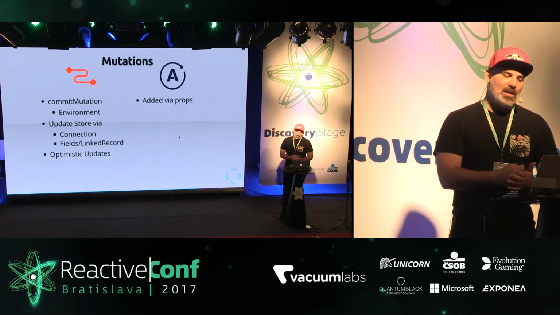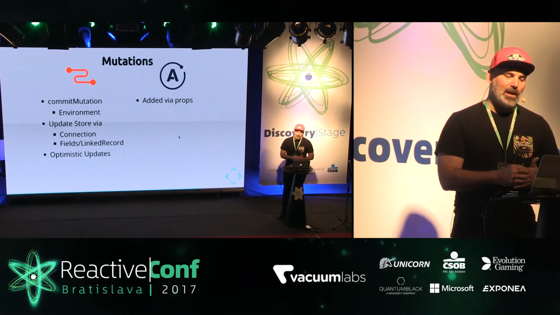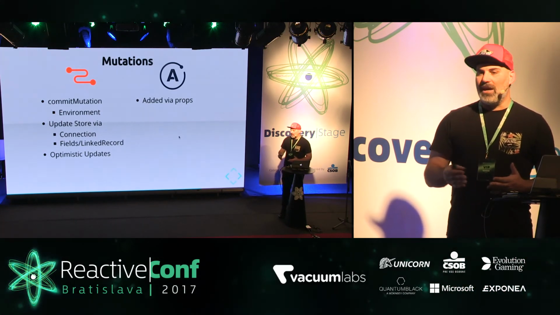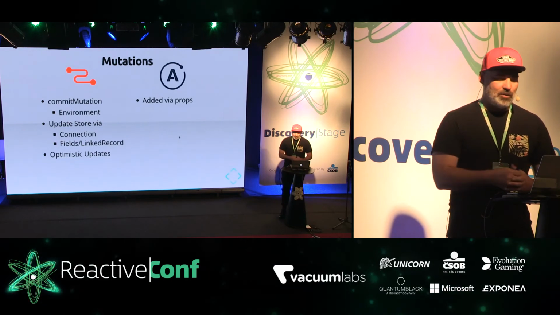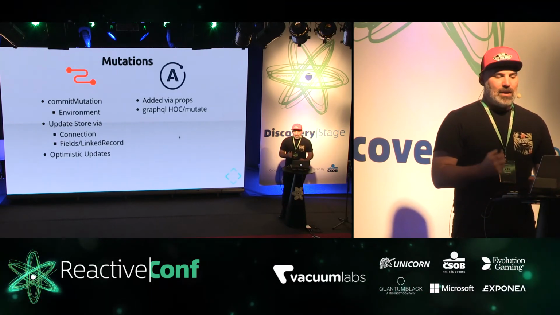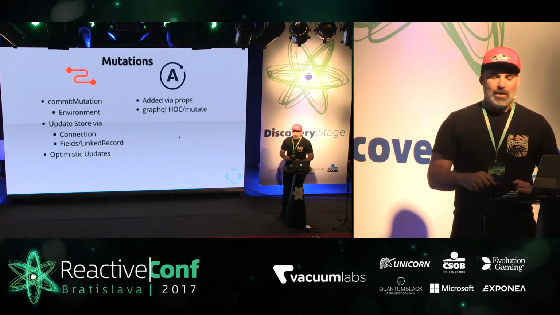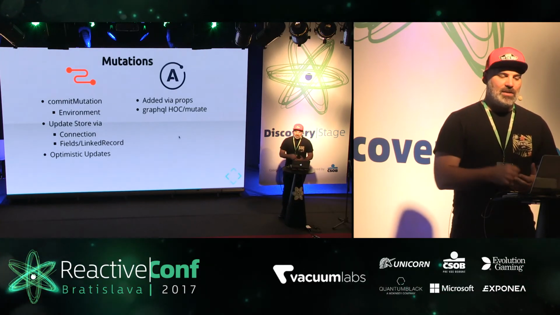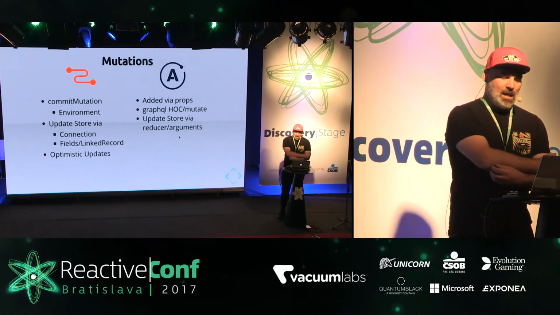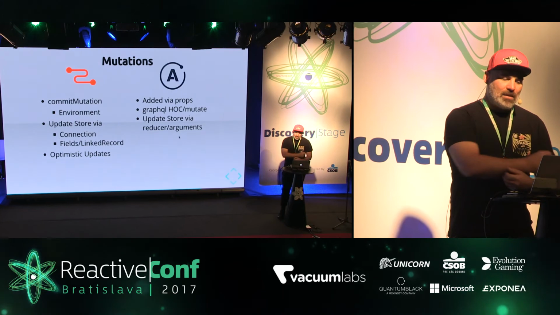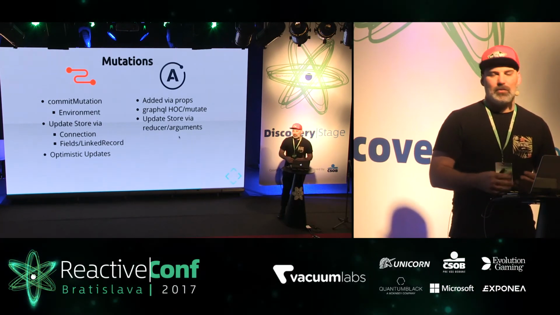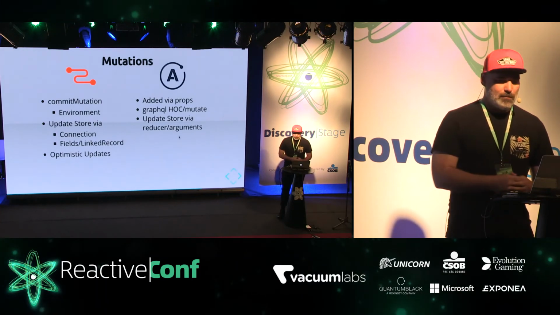When we implement the same mutations in Apollo Client, we use what is a common approach in React. We use properties, props, to run these mutations. And that is also using GraphQL higher-order component, which in this case is using the mutate API. Then we can use these reducers and arguments to actually update the store.